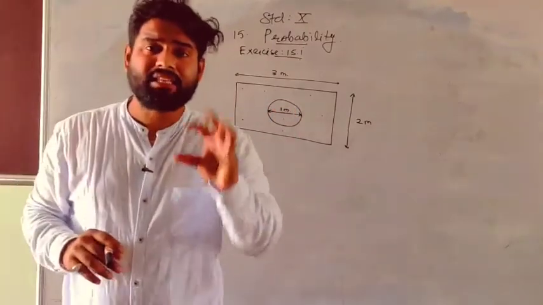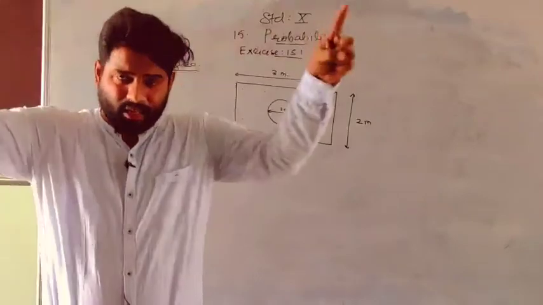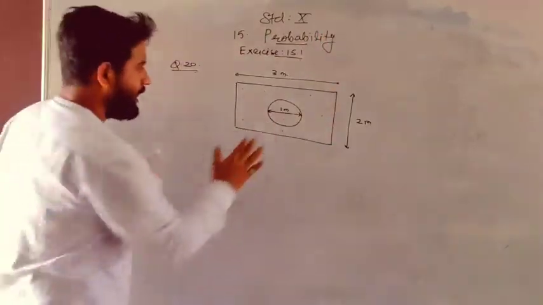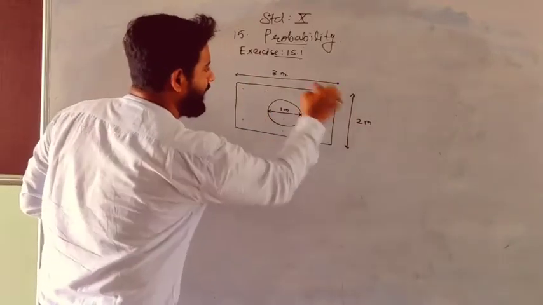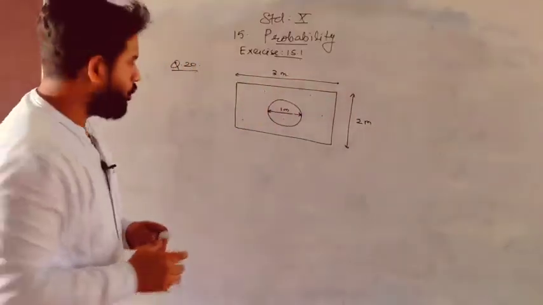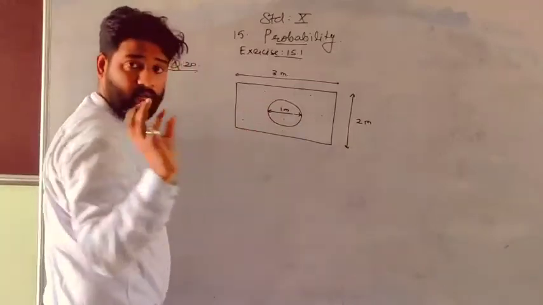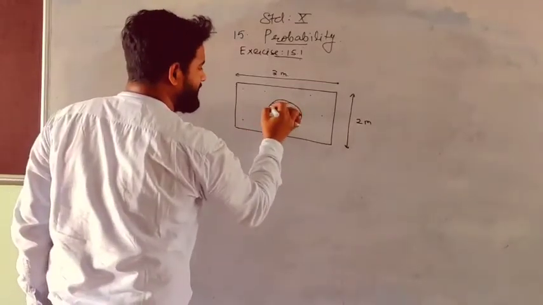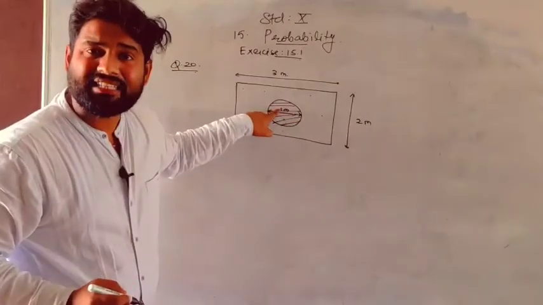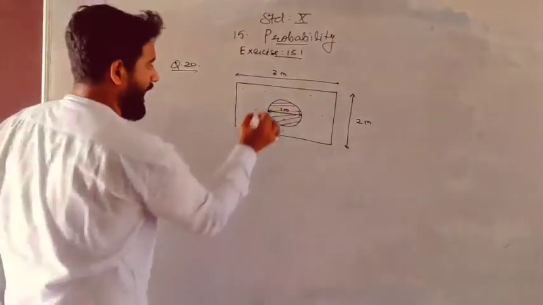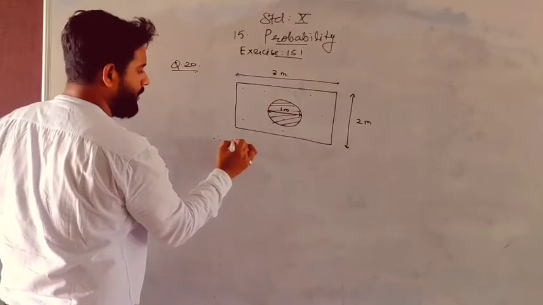Now, can you say that the circular region is a smaller part of the big rectangular region? So I want my dice to land in this region, right? So this is an area. So the happening event, that is the probability.